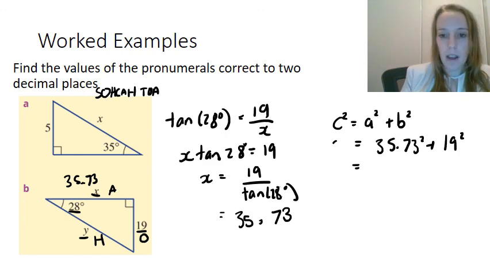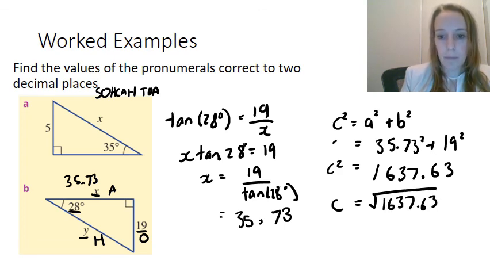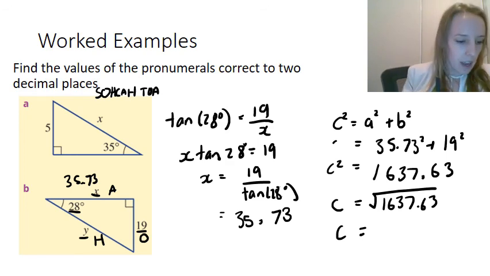Okay, so c squared is equal to 1637.6329, so I'll just round that again, 1637.63. So to find c, we're going to do the square root of 1637.63. So c, which is our hypotenuse, will be that.